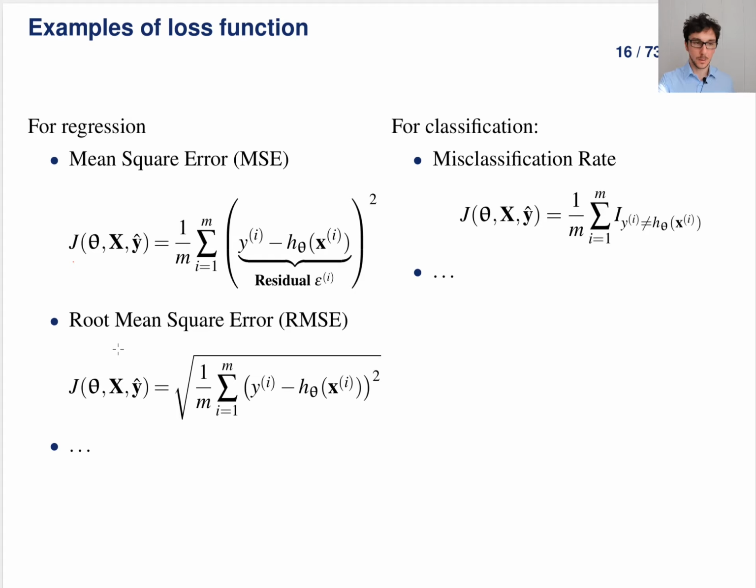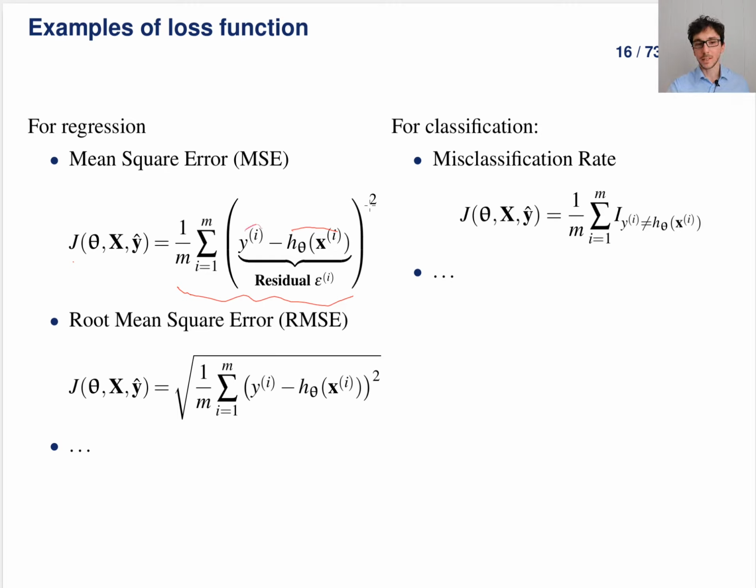There are different types of loss functions. The most common in regression is the mean square error, because you compute the residual, so the difference between the prediction of each training sample and the true label.